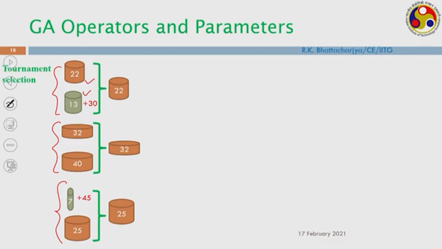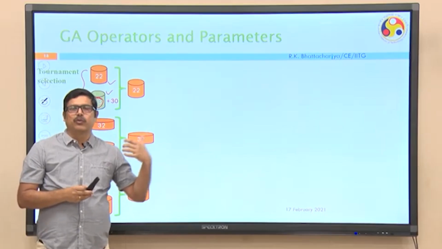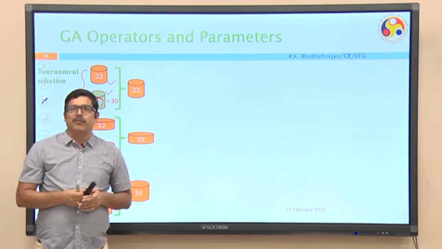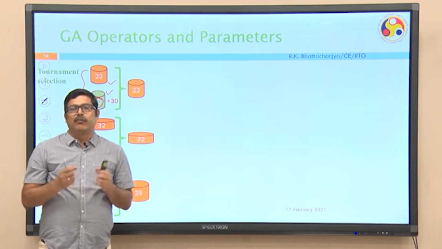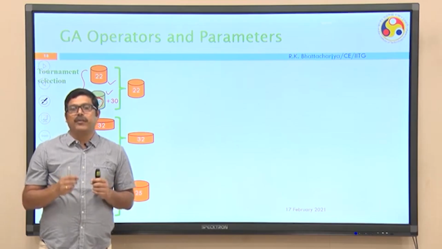Now, they will play the tournament. The stronger one will win the tournament and will go to the next generation. In this case, this is 22 and this is 13, but though it is 13, it is actually violating the constraint. If you recall the problem we discussed, it is minimization of cost, but at the same time the volume of the can should be 300.